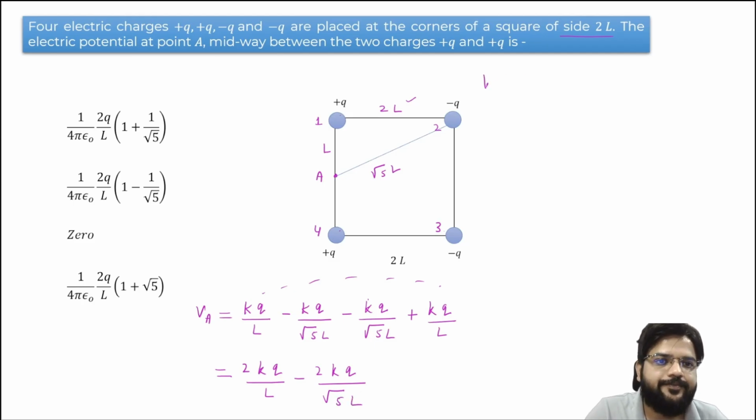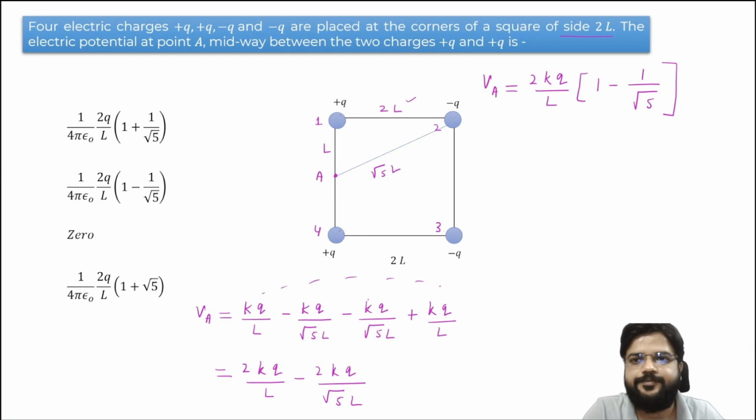Now do one thing here. Take 2kq by L common, everyone, because it is present in both the terms. Now we have in bracket 1 minus 1 by root 5. This thing we have, everyone.